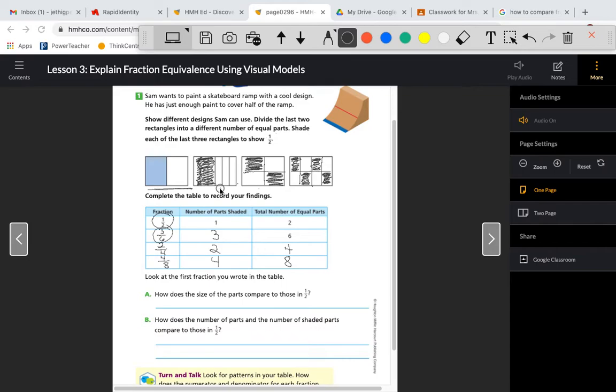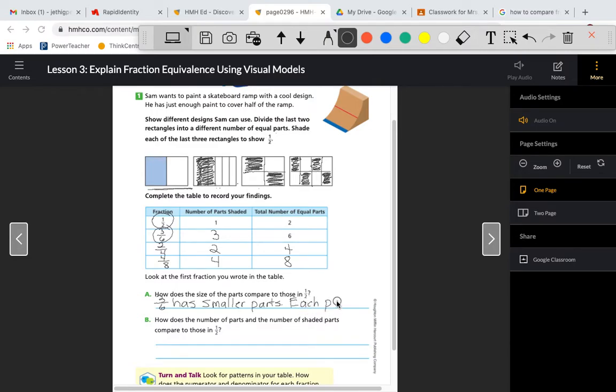So let's write that on the line. Well, we know that the size of the parts in 3/6 are smaller. So we can say 3/6 has smaller parts. Each part, so now we want to compare them to 1/2.